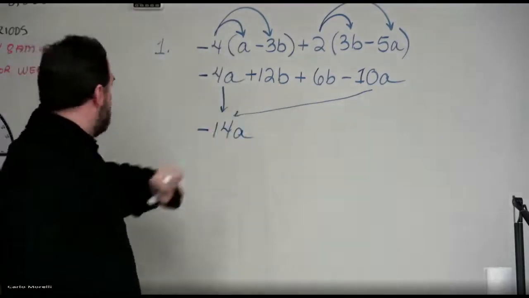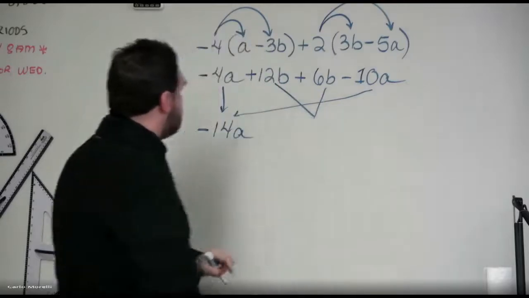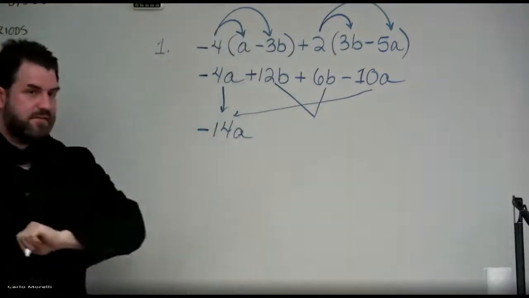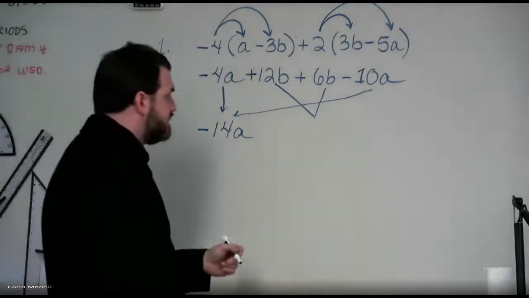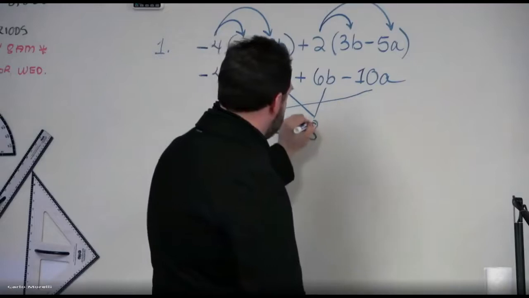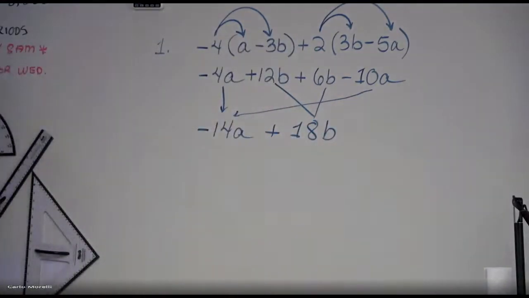And now these two middle terms, I'm going to combine them together. 12b plus 6b, 12 plus 6 is 18, so plus 18b. Okay. Now go ahead and put that in a box.